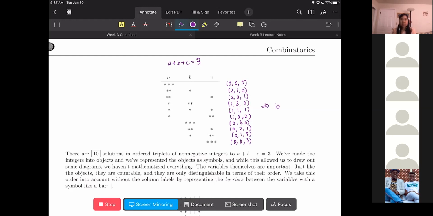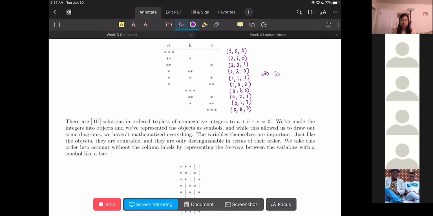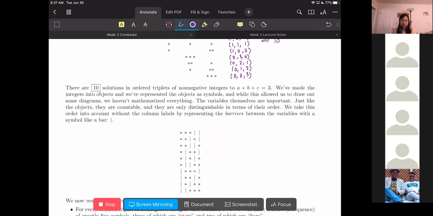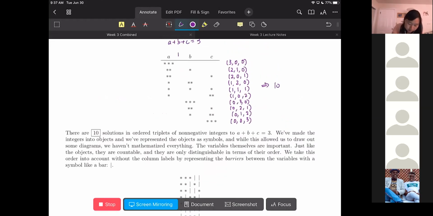And so instead of having column labels, we could transform these solutions by drawing a bar here. We can transform these solutions into, say, star, star, star, and then a bar and a bar. Or this one is star, star, and then a bar, and then a star, and then a bar.